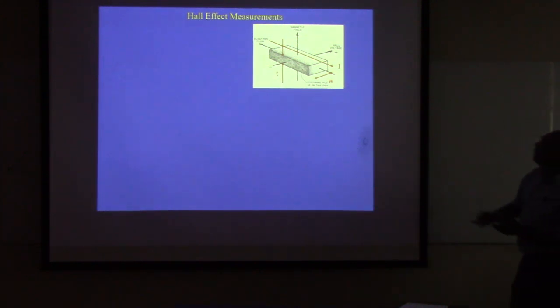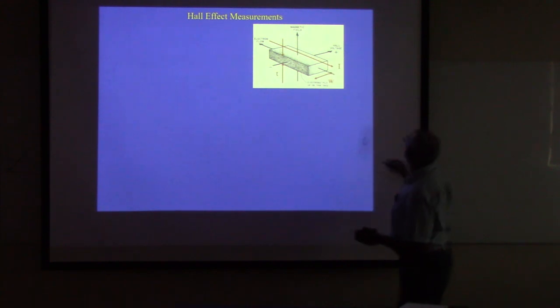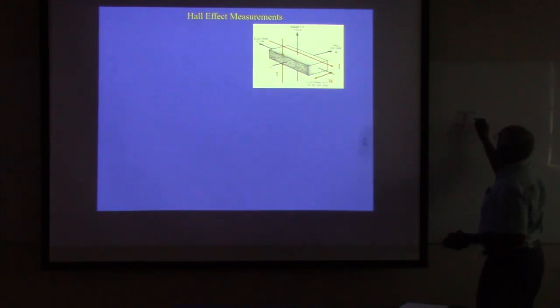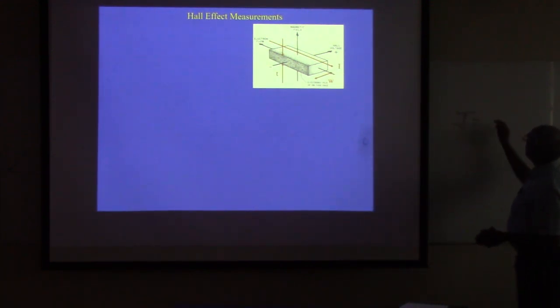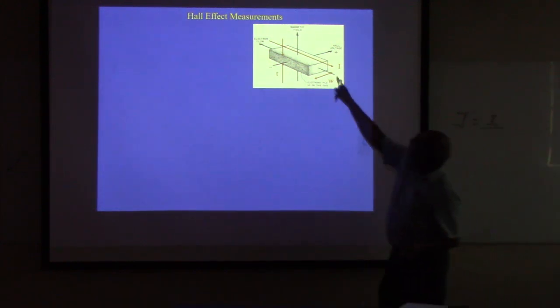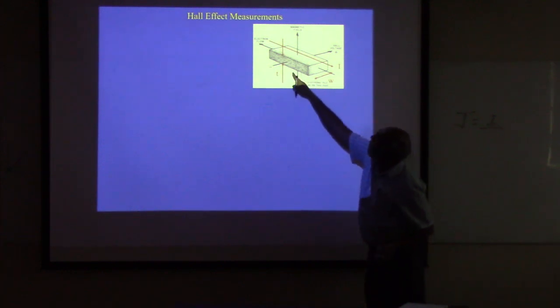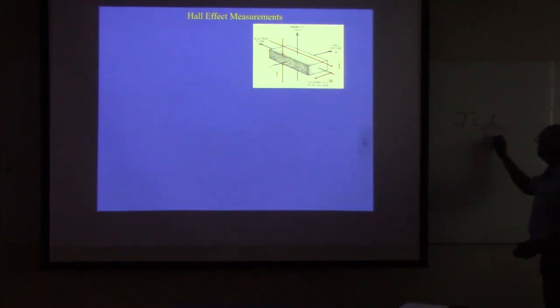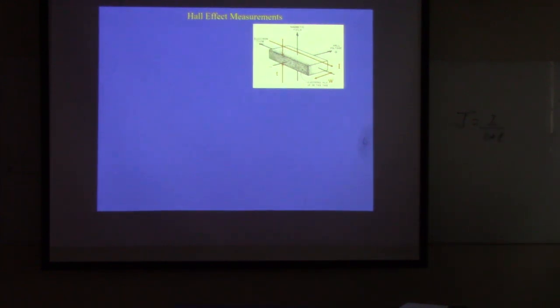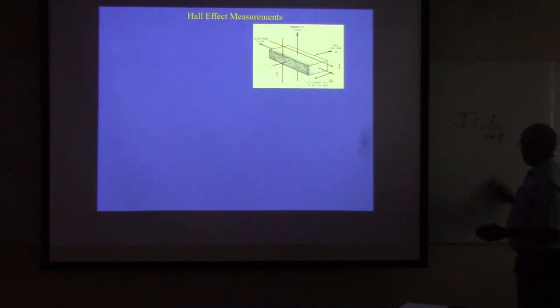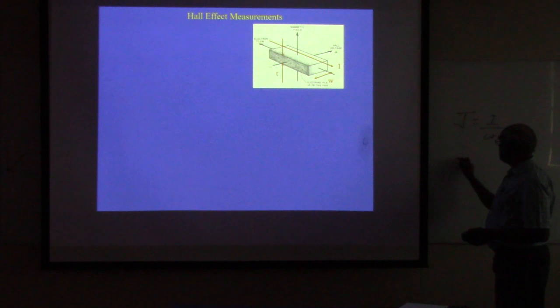So in this one, we can write first the current. J is what? I over A, right? A is W times, suppose this thickness is T, W times T. That's the current density, right? Then if you write your total force, the force is given by E times V cross B. What is that one?